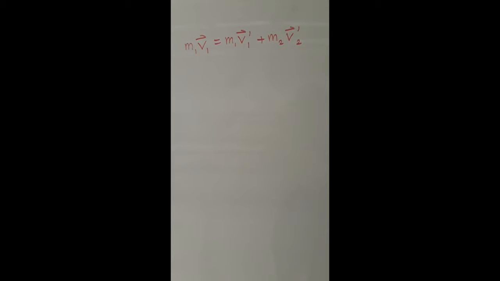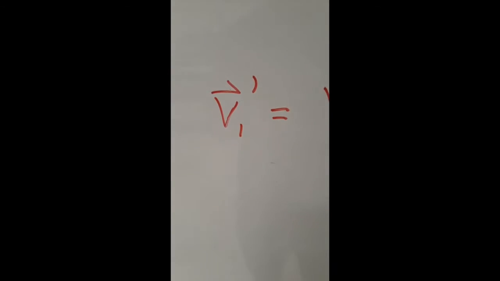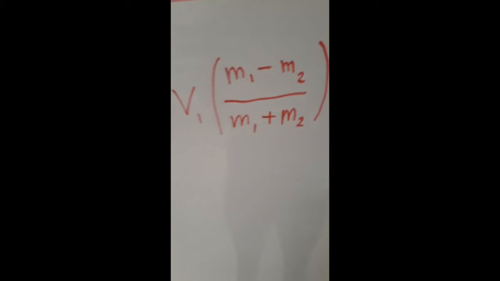This formula is not complete, and we must rearrange it so that we are left with this. If you want to find the final velocity of the first object, you can use this formula.